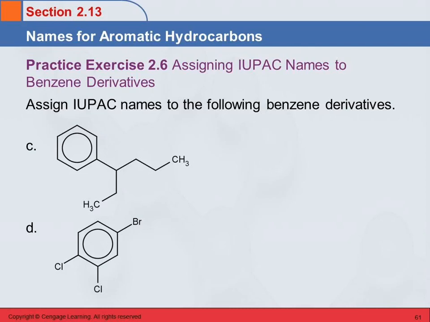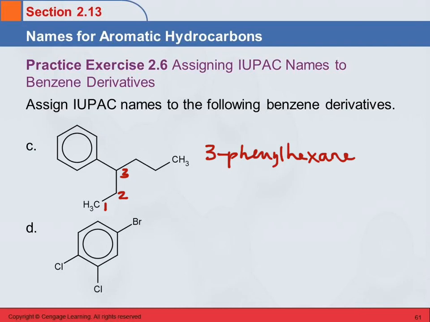So we're going to name the benzene as a substituent to the hexane. So we'll want to number this 1, 2, 3 to give that phenyl group the lowest number, and we're going to call this 3-phenylhexane. Any questions about that one?